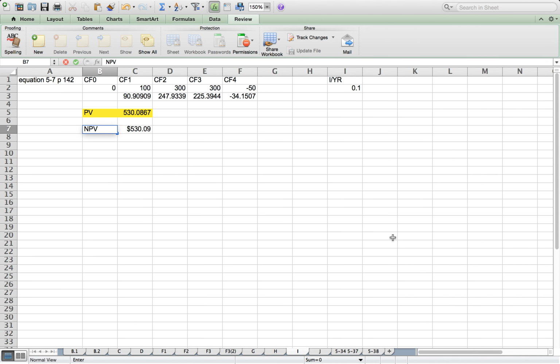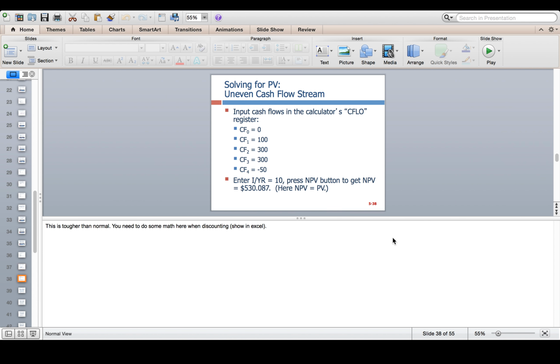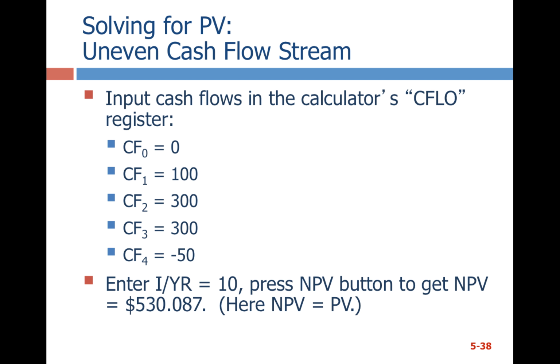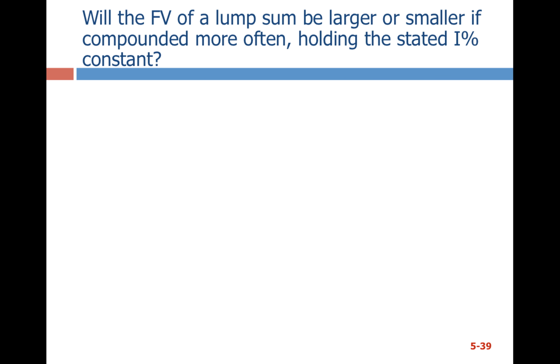All right, let's go back to the slide set. And this is telling you how you could solve it using that NPV function. All right, moving forward, will the future value of a lump sum be larger or smaller if it's compounded more often, holding the stated interest rate constant?